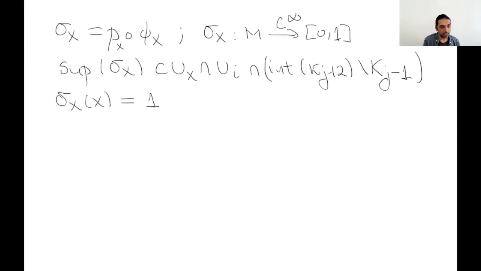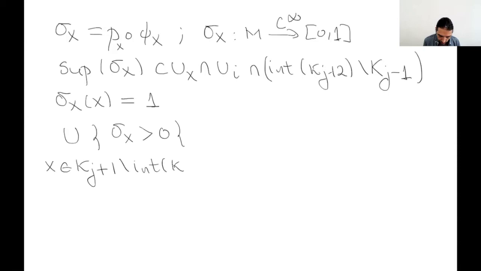So we can consider now the sets of points in which the function sigma x has positive values, for x in K_{j+1} minus the interior of K_j. This is a compact set.